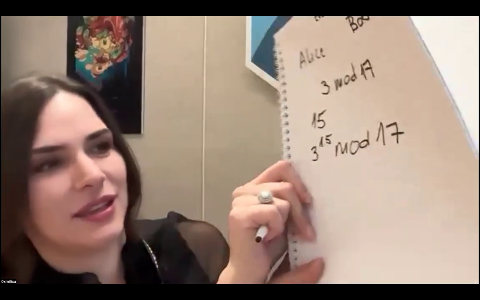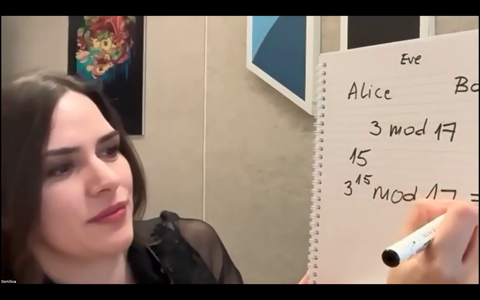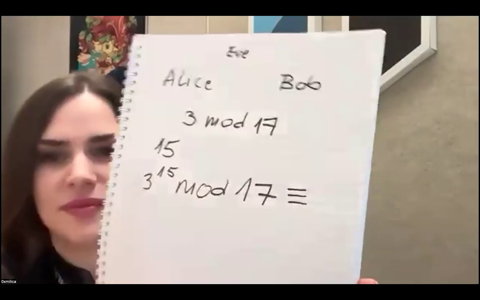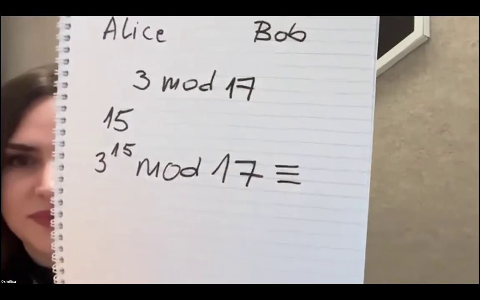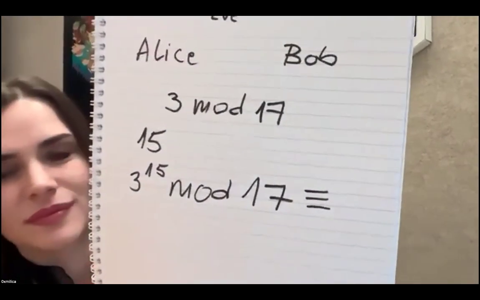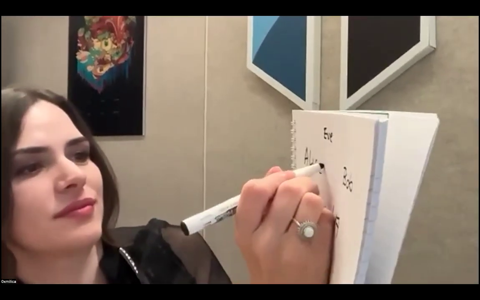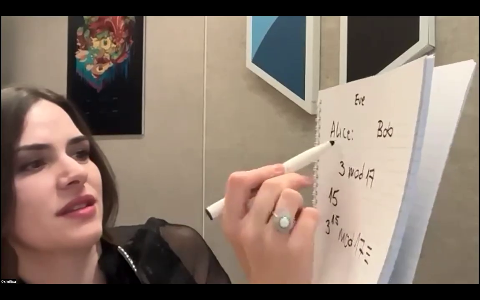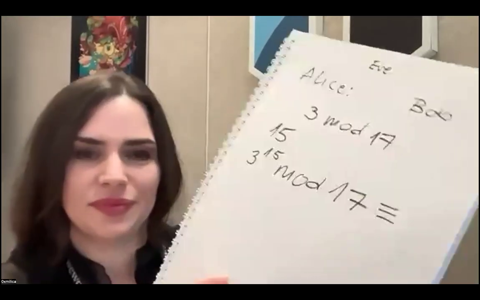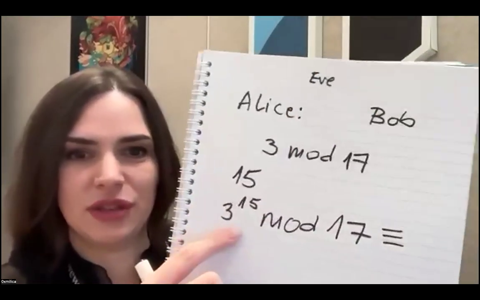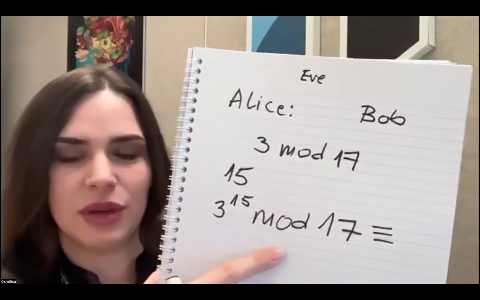Who can say what this ends up with? What's the result of this one? This is Alice's. So 3 to the power of 15, then modulus 17.